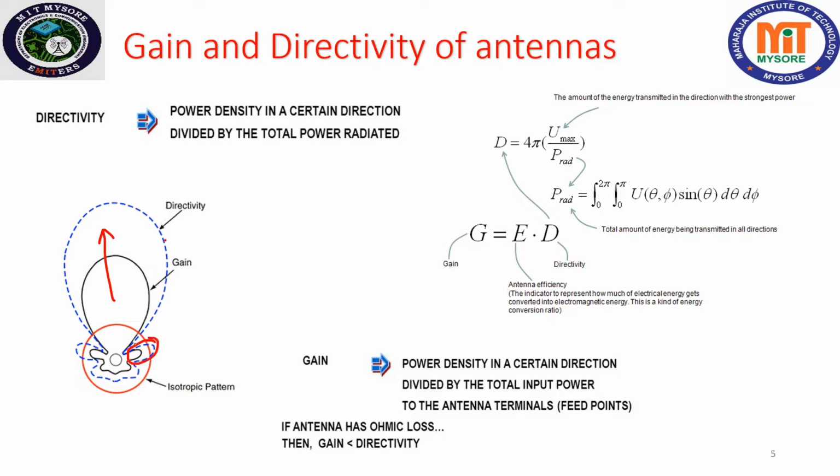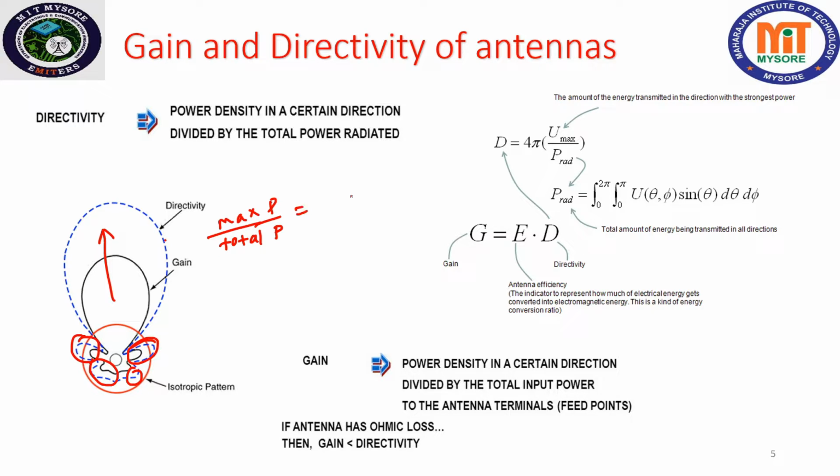So it is the ratio of maximum power in the particular direction to the total power which is radiated. There is a slight radiation in other directions also that we consider, and we make a total power.